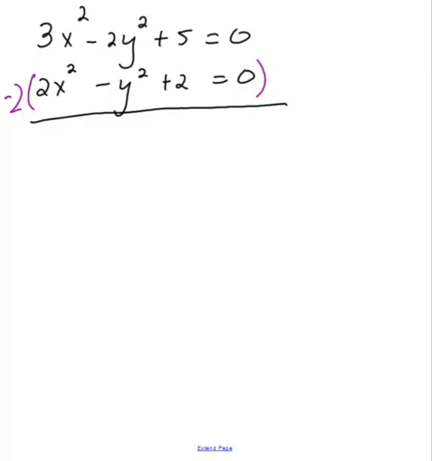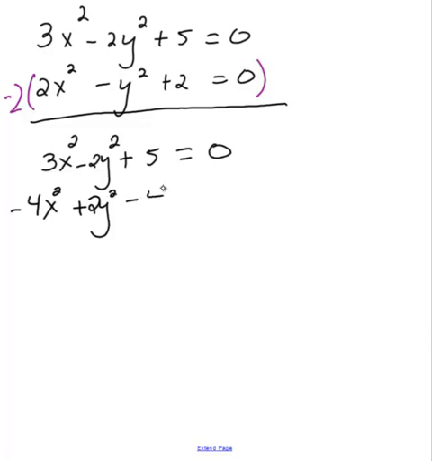So that's what I'm going to do. I'm going to recopy the top row as it is. Then I'm just going to multiply each term in the bottom row by a negative 2. So I have negative 4x squared plus 2y squared minus 4 equals 0.